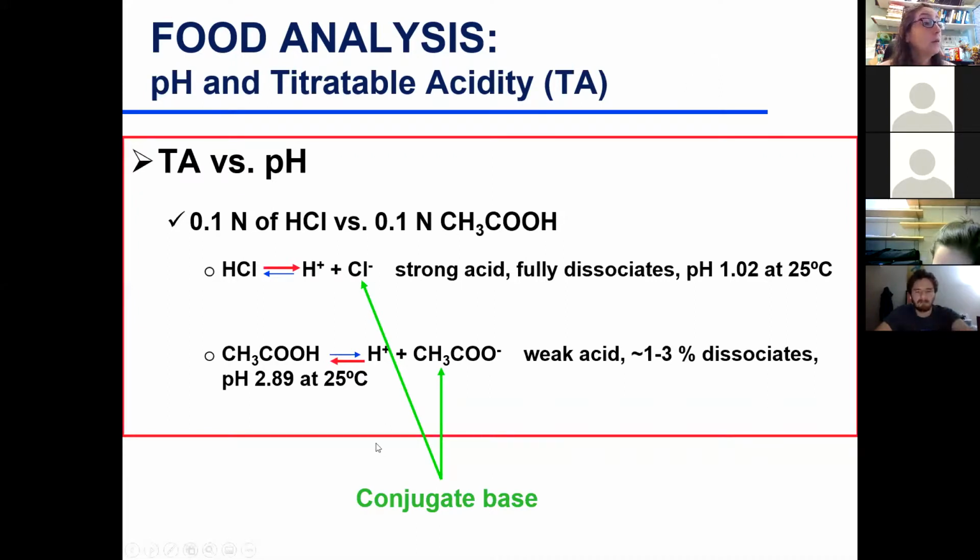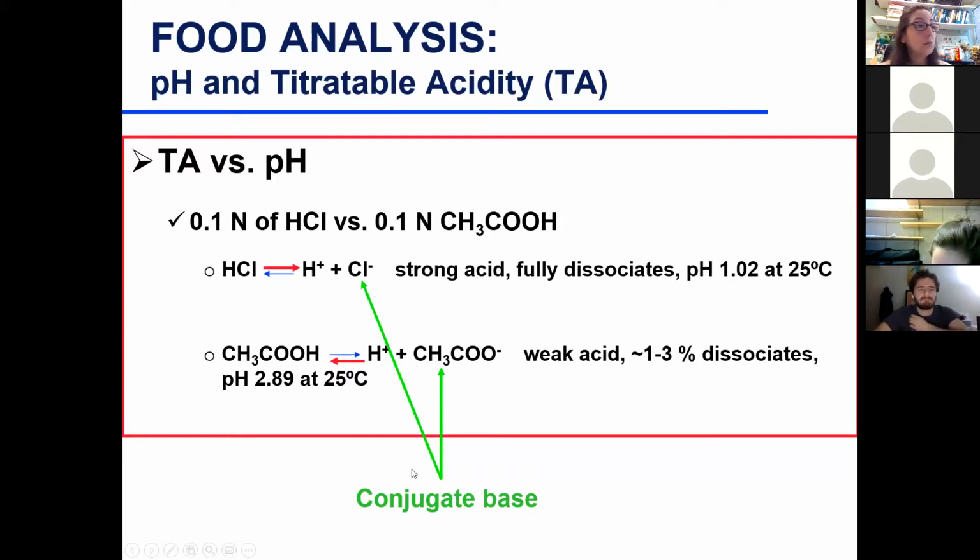Okay, so here I'm pointing out your conjugate base. When the acid is dissociated, you have your active proton, and then you have the dissociated acid that is also known as conjugate base.